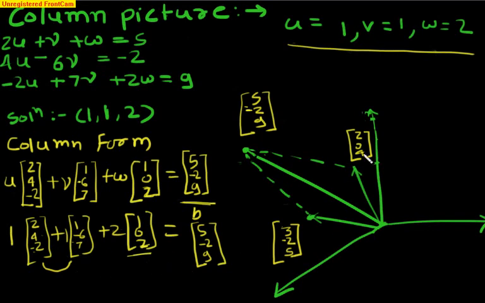The addition of these two is nothing but our final vector 5, minus 2, 9. In the column picture our aim is the combination of the columns that will give us b. That much simple is this. I have combined these first two vectors here, and the last one vector here.